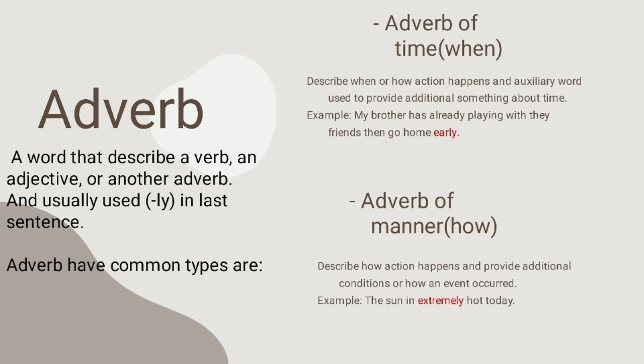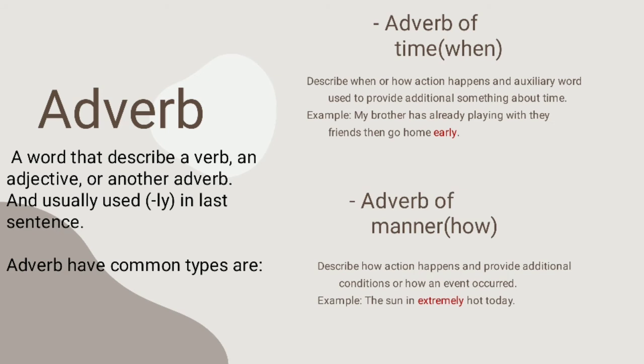Adverbs have common types. Number 1, adverb of time or when, describes when or how an action happens, an auxiliary word used to provide additional information about time. An example: my brother has already played with their friends, then went home early.